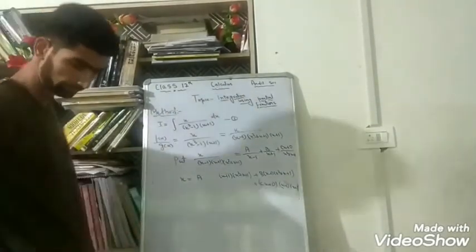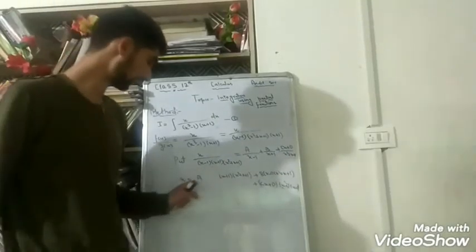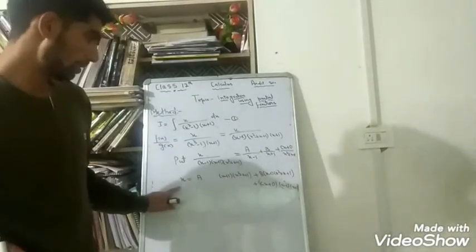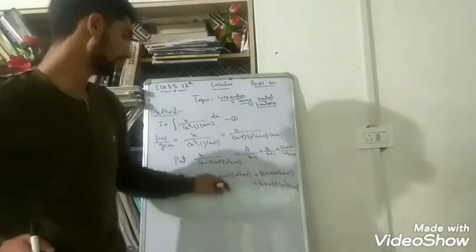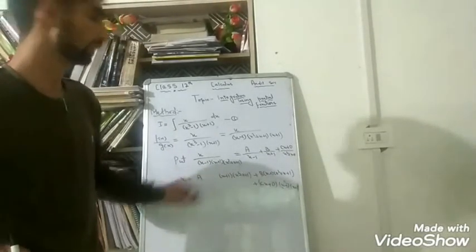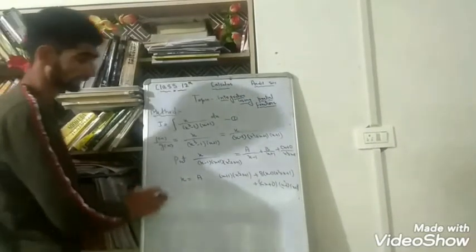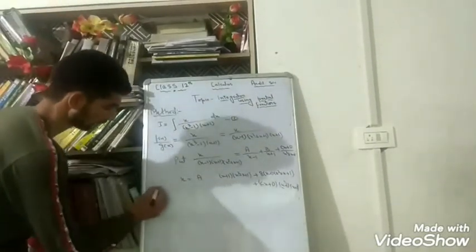First, you can put here the value of x as 1. This one will get 0, this will also get 0, but here it will be coefficient a. So when we give x the value 1, you get the value of a.